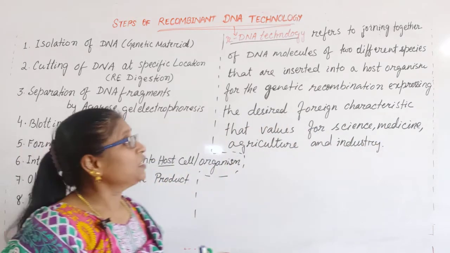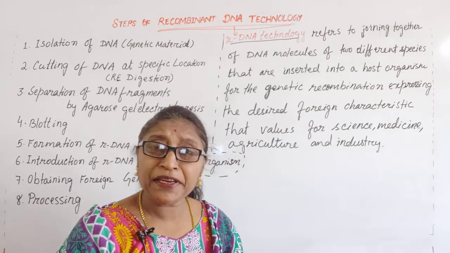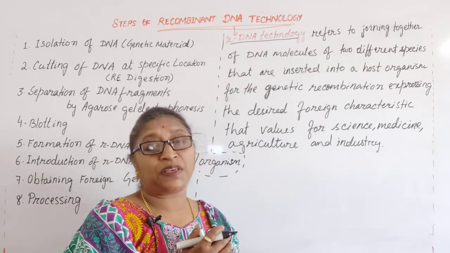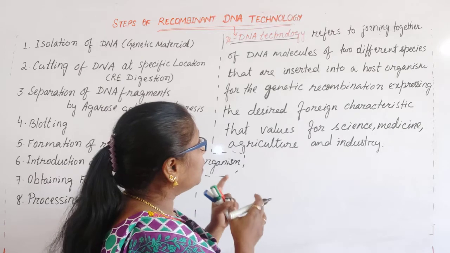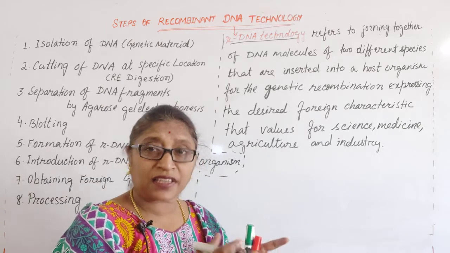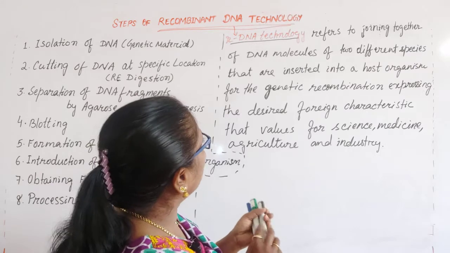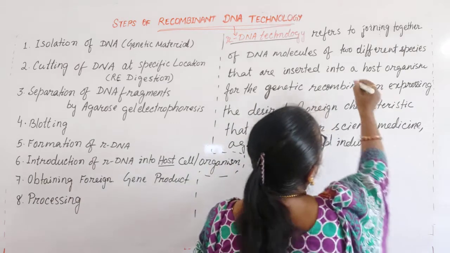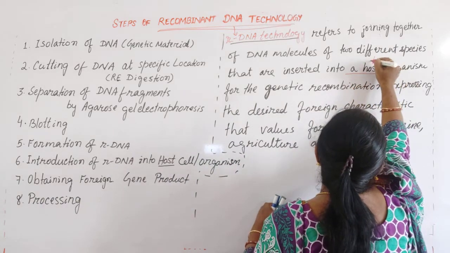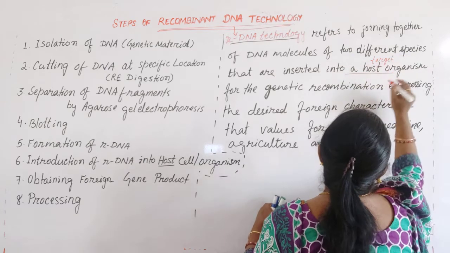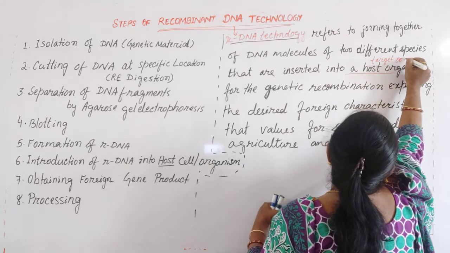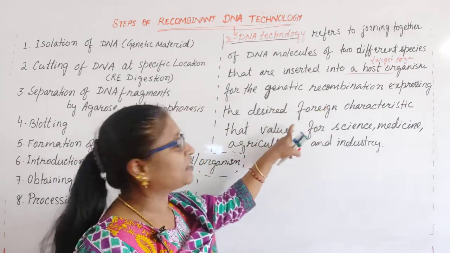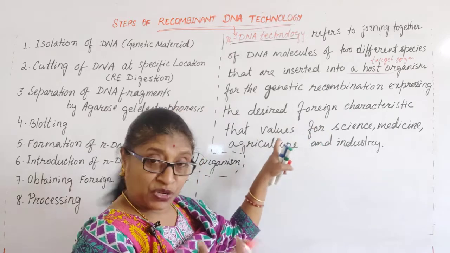What I want to say is, when the DNA molecules join together, they are extracted from two different species. They are inserted into a host organism, the target organism, for the genetic recombination expressing the desired foreign characteristic, a new characteristic.